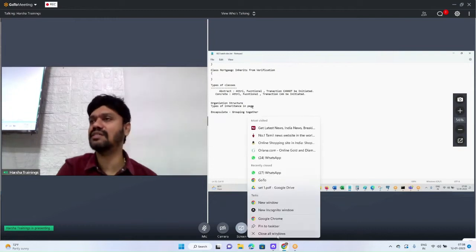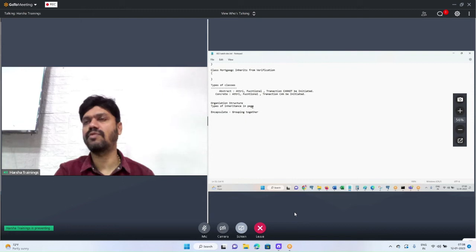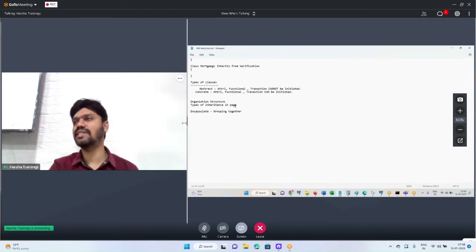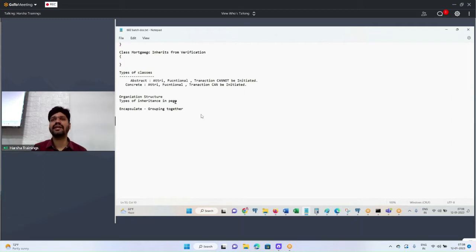Then why still abstract classes concept has been implemented by the technology developers? What was the reason? The reason is very simple. In the real world, there will be some business units which are going to have some functions, some functionalities. They will perform some tasks, but they should not have any authority to initiate the business transaction for the respective business.